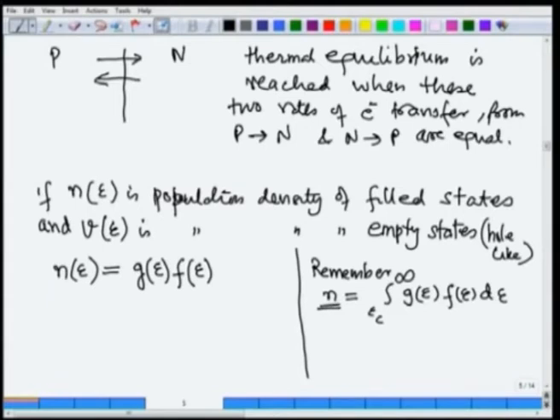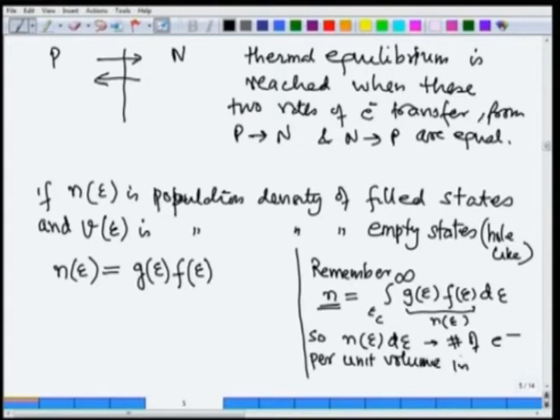So, that is what we had done. So, this quantity n of E is really what we are talking about. n of E dE therefore represents the number of electrons per unit volume in this energy interval.